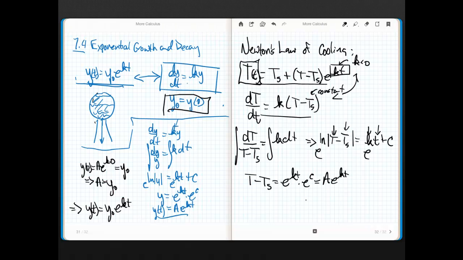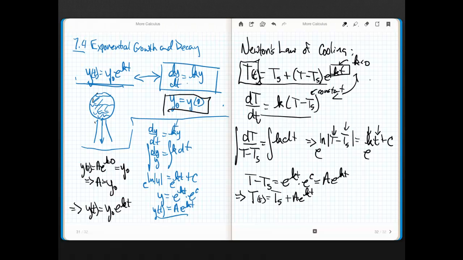Nothing to it, right? So T as a function of t, now I'm going to start writing this out so we don't get too confused. Again, lots of stuff going on. T as a function of t is equal to the temperature of the surrounding plus A e to the kt.